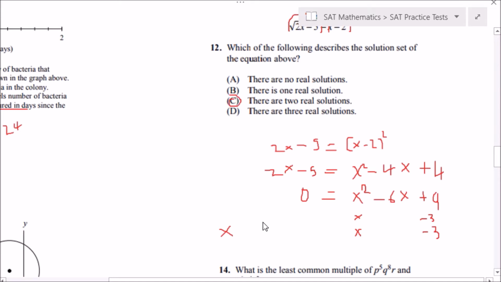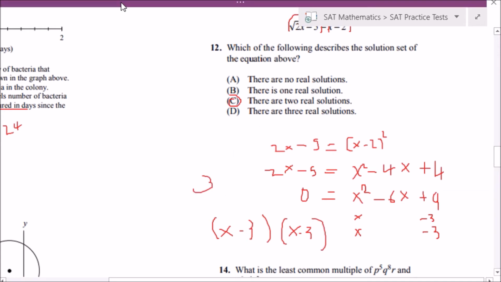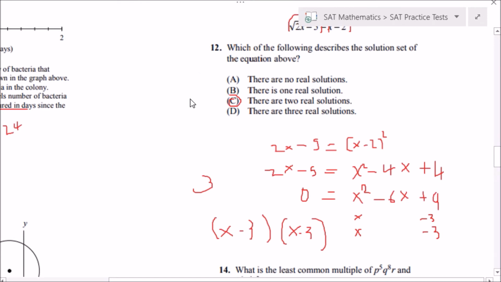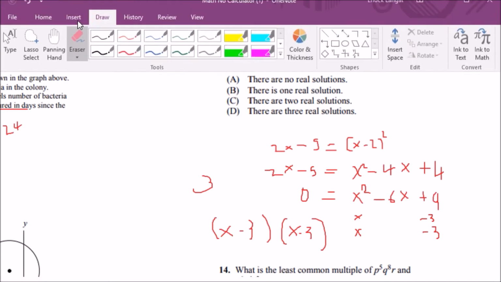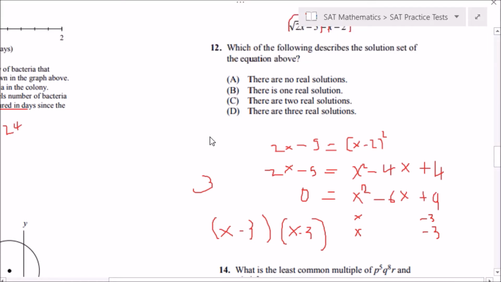And let me show you why that is. And actually, there'll be one solution, which is 3. Okay, let's fix that. Sorry for the confusion, but you'd have only one real solution.